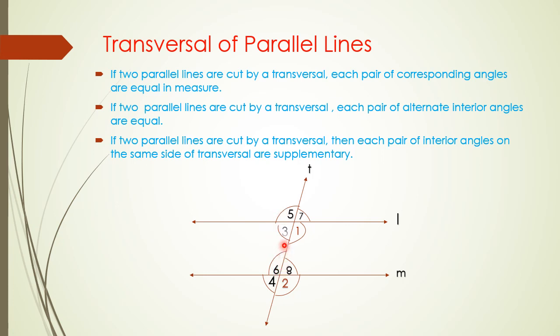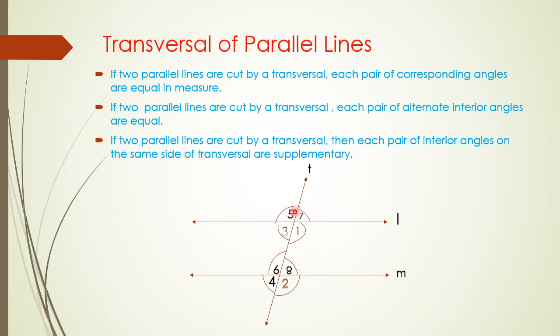Another pair from the left side, angle 3 and angle 4, are the second pair of corresponding angles. They are also equal. Then angle 7 and angle 8 from the right side, third pair, and angle 1 and angle 2 from the right side, the fourth pair of corresponding angles. So any pair you take, both angles will be equal in measure.